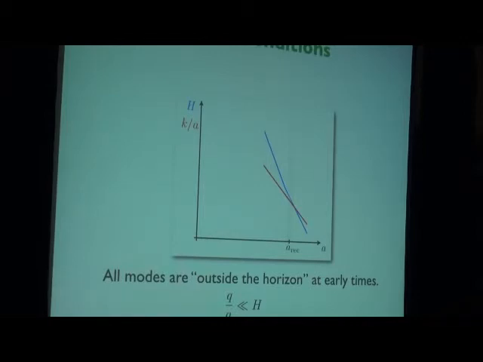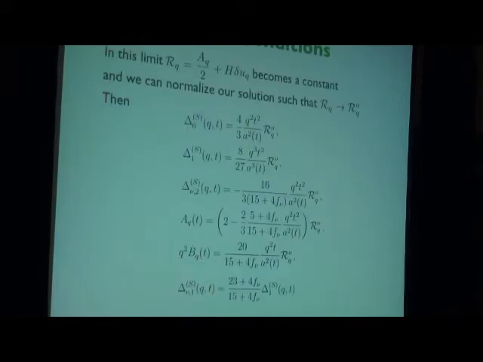And so if we're looking at a mode that we're observing today deep inside the horizon, if you go backwards in time, it was outside the horizon. So k over a, or q over a, was much less than the Hubble rate at this time. In this limit, the system of equations becomes very simple, and there's one solution where this thing becomes a constant.